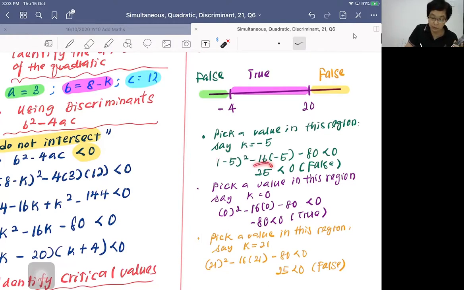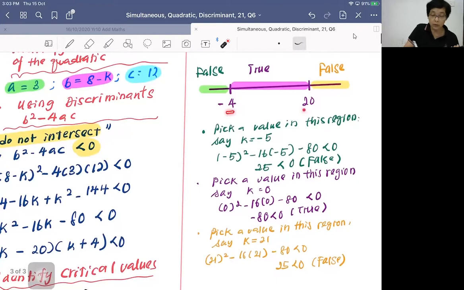Once you get the final answer, it is 25, but is 25 less than 0? You must be kidding me, right? So that's false. So you know that this region is not part of the k solution. Then you hop on to the second region, which is between -4 and 20. You pick again any value that is suitable in this region.